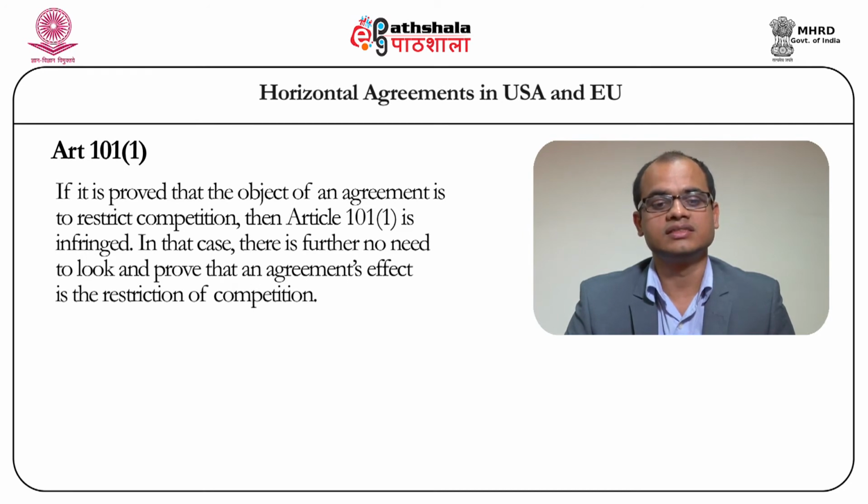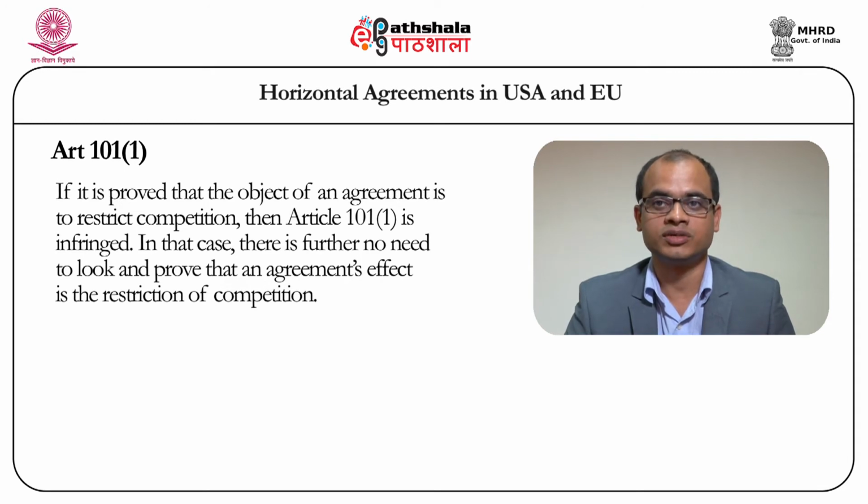And the second step comes into play only when the agreement is found restrictive, and that second step deals with Article 101 Clause 3. There we need to determine the pro-competitive benefits, if any, produced by such agreements, and then balance the negative effects on competition against the pro-competitive effects.